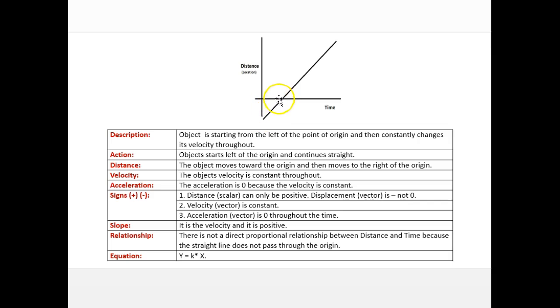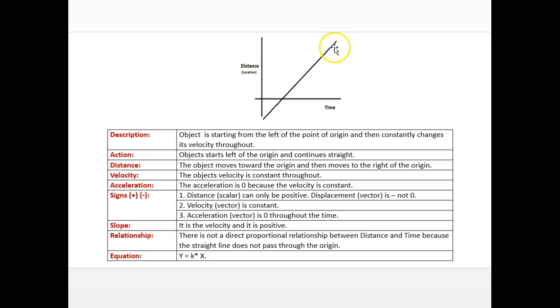The object is starting from the left, and then it gets to 0, and then it is now going to the right. So the object starts from the left of 0, gets to 0, and then continues to the right.